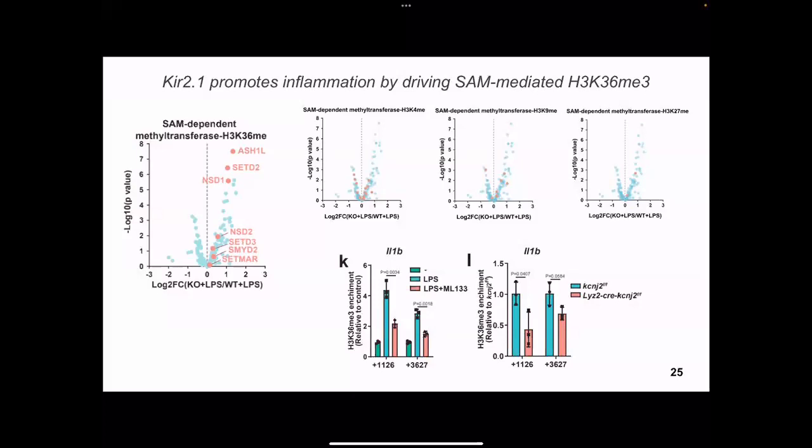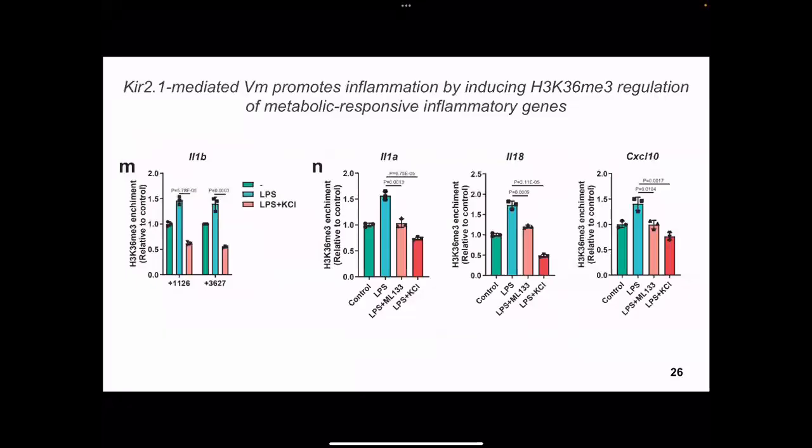Consistent with this idea, we used ChIP-qPCR, and we found that membrane depolarization by KIR2.1 repression or elevated extracellular potassium can decrease the LPS-induced H3K36 trimethylation occupancy in IL-1 beta gene body regions. We also found similar results in other metabolism-responsive genes, including IL-1 alpha, IL-18, and CXCL10.